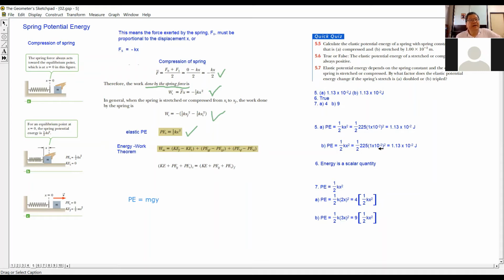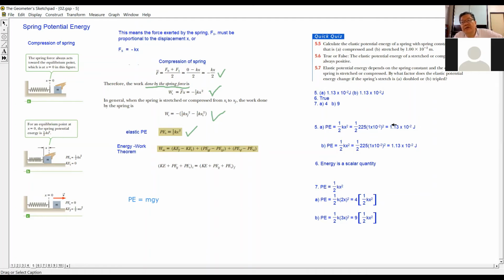When you square the displacement, we know displacement is a vector quantity. It has a positive or negative value. But when you square it, all become positive, right? So when it becomes positive, they are the same number, 1.13 times 10 to the power of minus 2 joule.